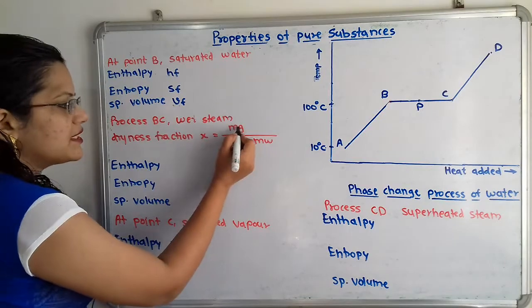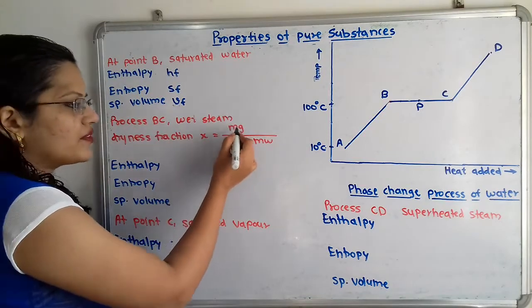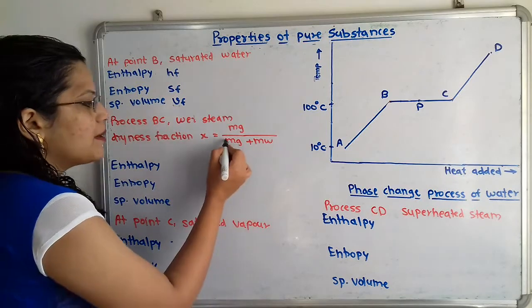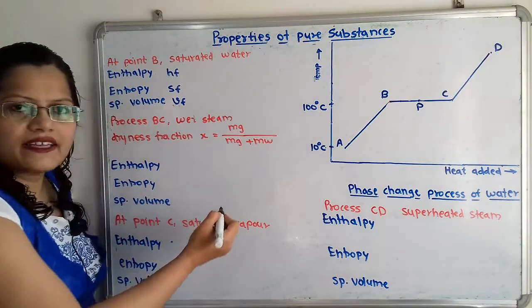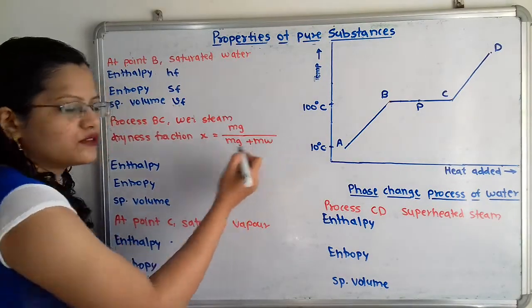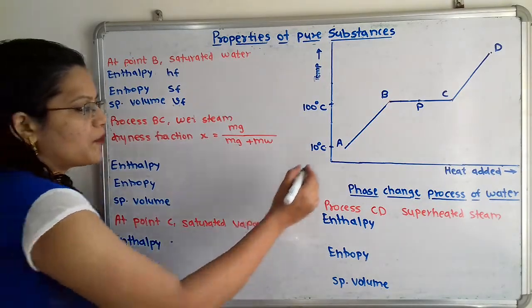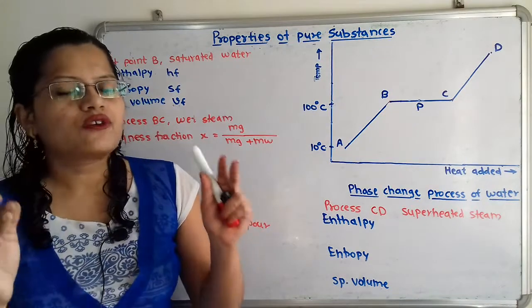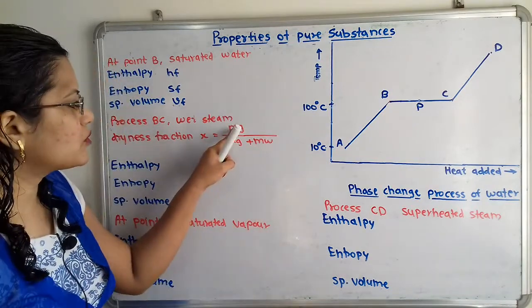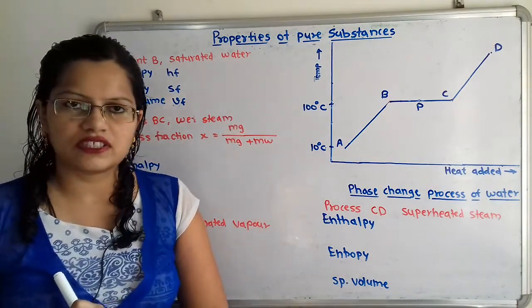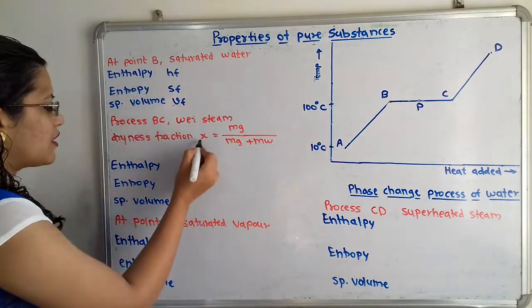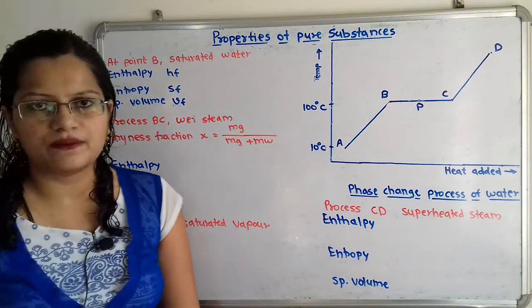That is, mg is the mass of the dry and saturated steam divided by the mass of the dry and saturated steam plus the mass of the water. So suppose at point P there is some mass, then out of that total mass we have to take the mass of dry and saturated steam and divide by that total mass. Then we will get this value of X, the dryness fraction.